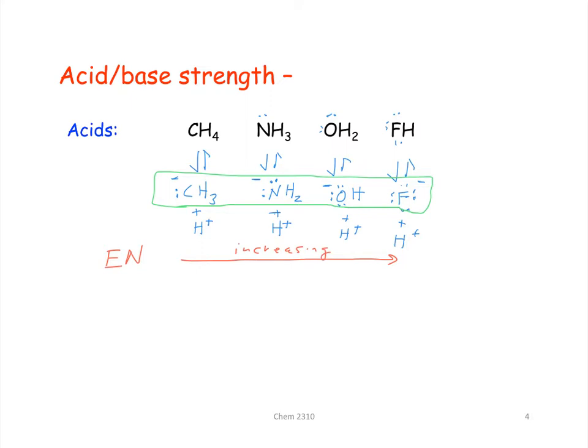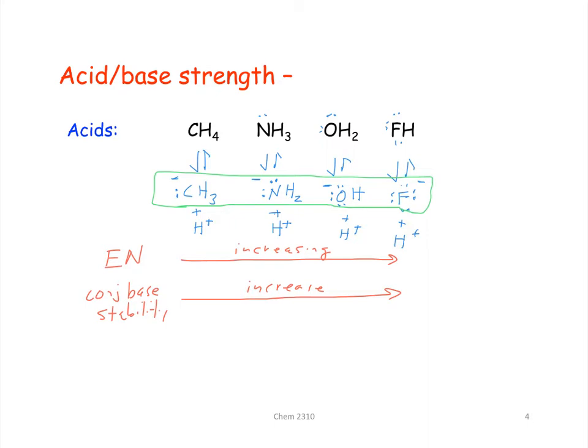And a more electronegative atom is going to be better able to hold minus charge. So our conjugate base stability should also increase from left to right, right? Because fluoride, being so electronegative, can best hold the minus charge, making it more stable.